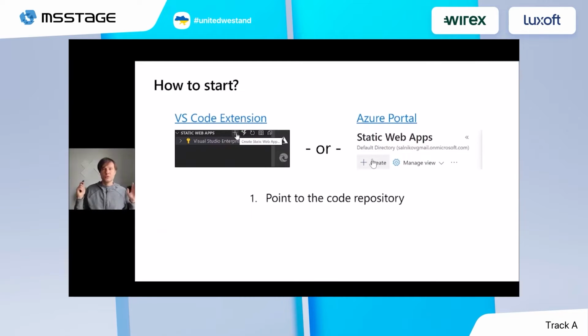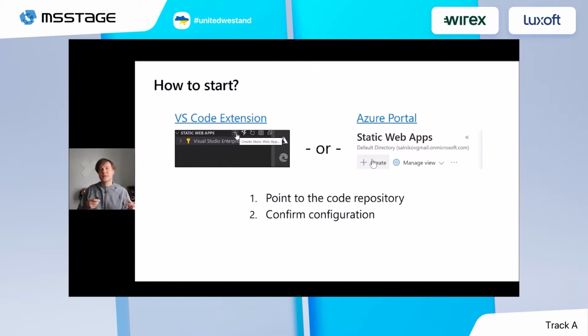So to start with Azure Static Web Apps, in these wizards, both in the VS Code extension and the Azure portal, you just point to the code repo, and yeah, these days I believe 100% of projects are in this or that code repository.